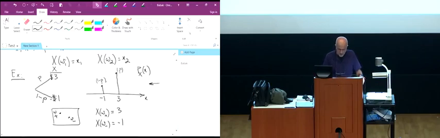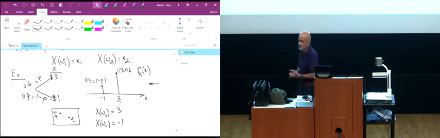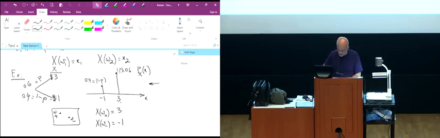It's -1 with probability 1 minus P. Let's put some probabilities here: with probability 0.6, my random variable has value 3, and with probability 0.4, it has value -1.